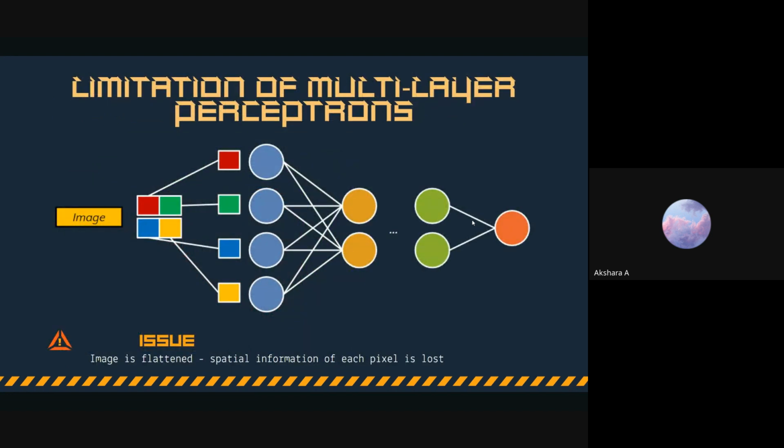The problem with using a regular multi-layer perceptron is that if we feed an image into it and it connects to all the neurons, the image has to be flattened to a one-dimensional vector. As you can see, for example, let's have a 2x2 image.